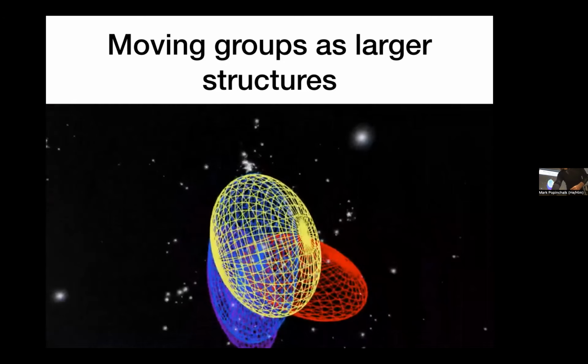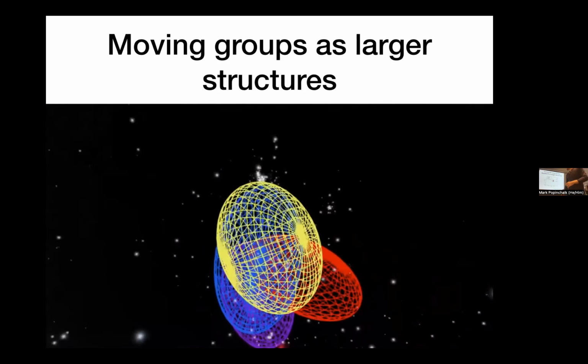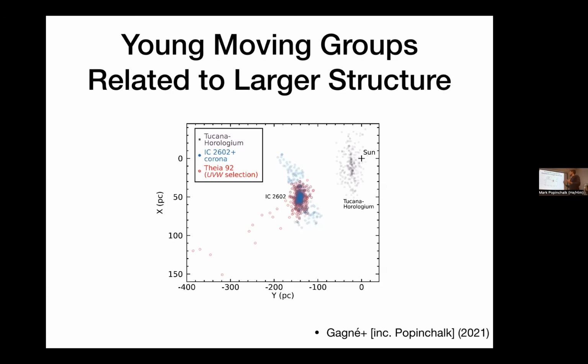One way to see that is by looking again at their Gaia kinematics. Here we're seeing the X position and Y position in the galaxy of a few of these groups. Horologium, which I mentioned for the prior project, has stars distributed quite close to the sun, versus IC 2602, which is another moving group, and Theia 92, which is a group that was found using Gaia kinematics, that are further away.